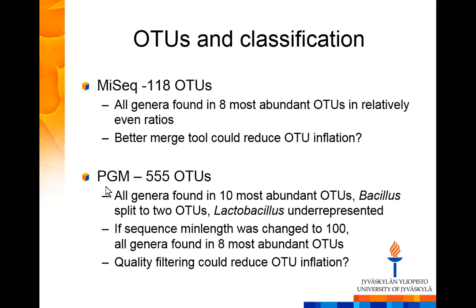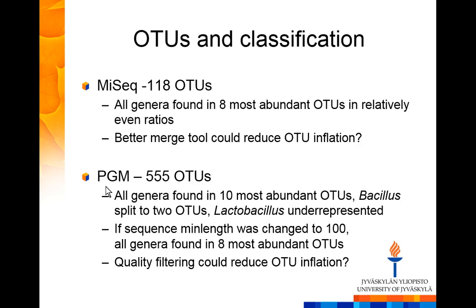So all genera were found in the 8 most abundant OTUs, with classification to the genus level, which I think you should and could expect with amplicon sequencing. Don't expect species-level identification with amplicon sequencing, because species-level identification works on full-length 16S and not really well with shorter fragments.